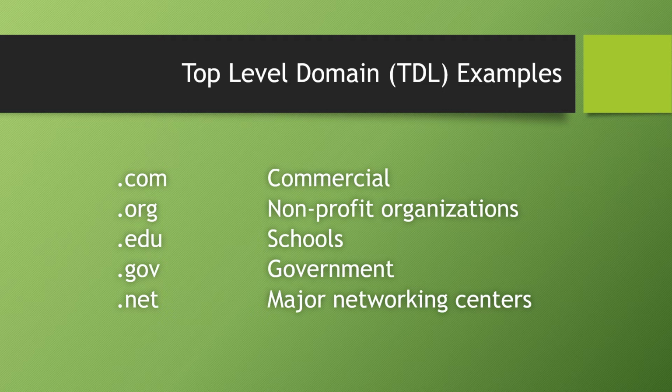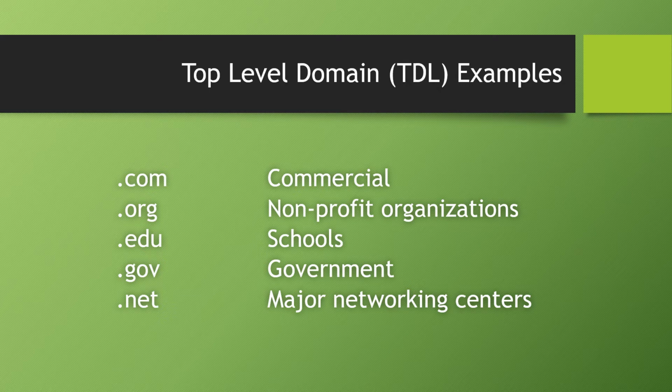Being the fact that so many domain names have been registered and used, it's difficult to find a unique name. So more top-level domains have been created to accommodate that. The .com is extremely difficult now to find anything unique on. They're just about all taken. So other top-level domains have been created so you can, again, have more combinations.